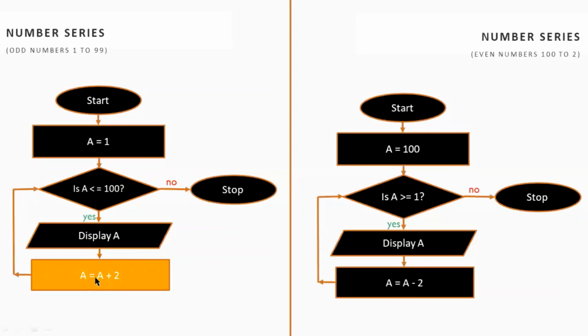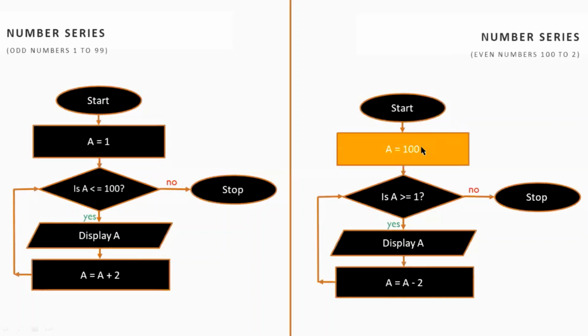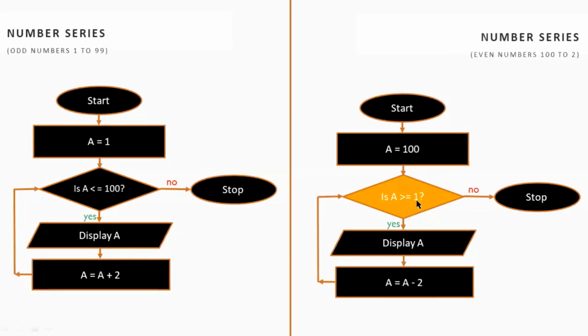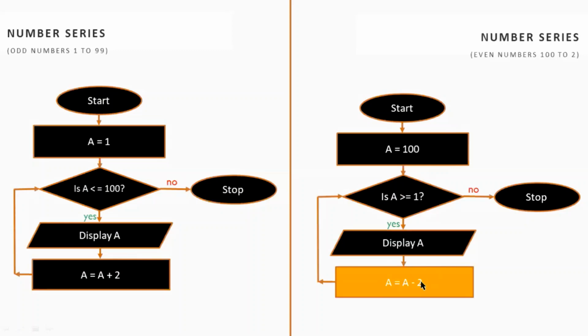If it is odd numbers, then A equals A plus 2 for ascending order. Similarly, in even numbers, the values start from 100. This is for descending order, and it goes up to 1, and the value is decreased by 2. This is how we'll get the even number series in descending order.